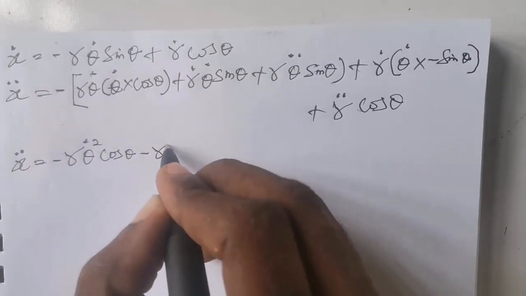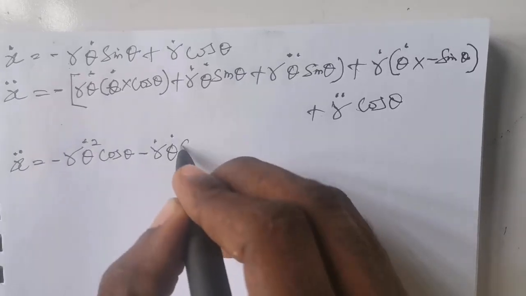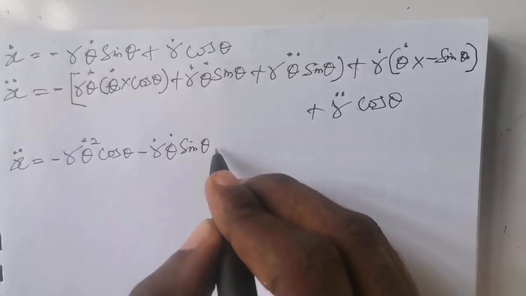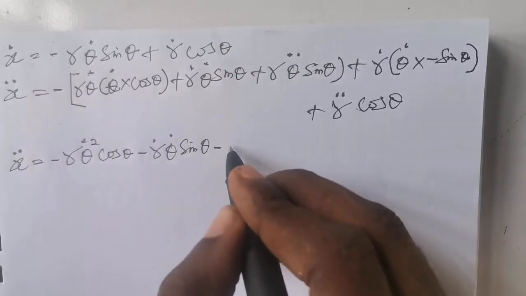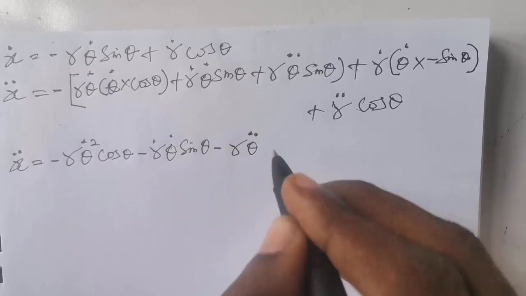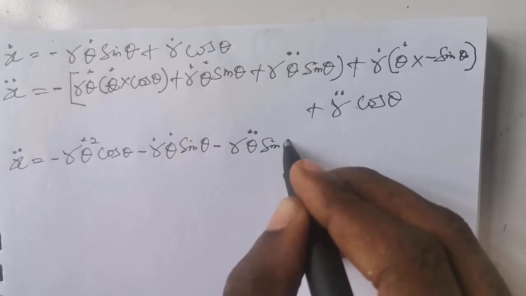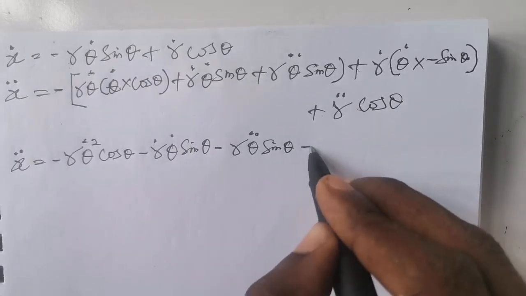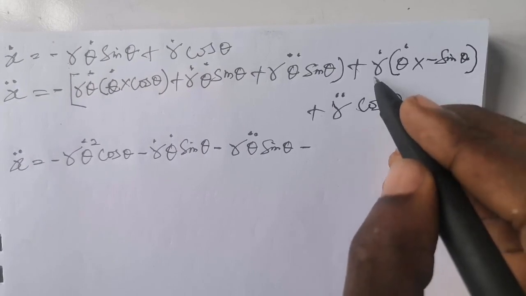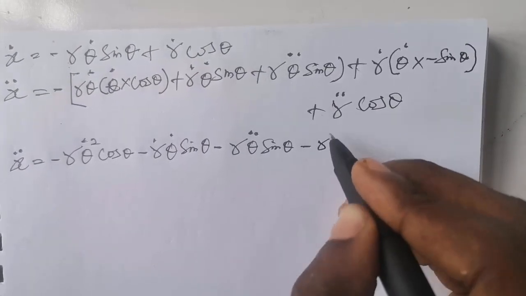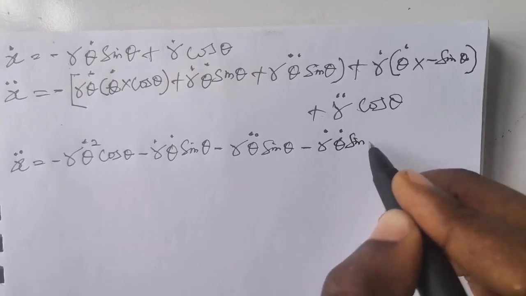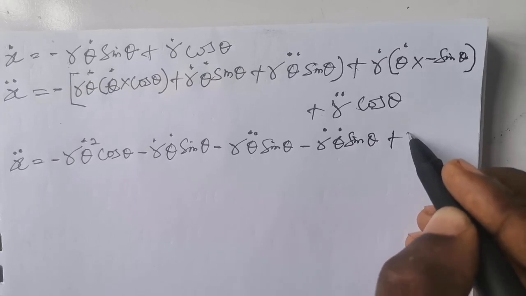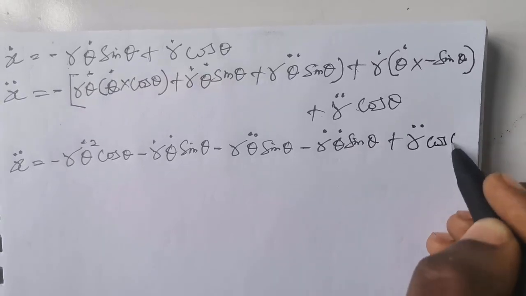I have r dot theta dot sine theta. Okay, again minus times this plus becomes minus. I have r, I have theta double dot, I have sine theta. Okay, now minus here, multiply this plus becomes minus. I have r dot theta dot sine theta, so this is r dot theta dot sine theta plus, I have here r double dot cos theta, so this is r double dot cos theta.